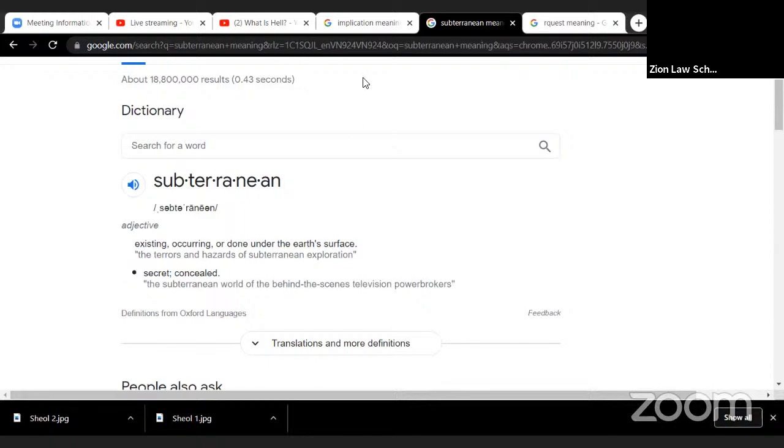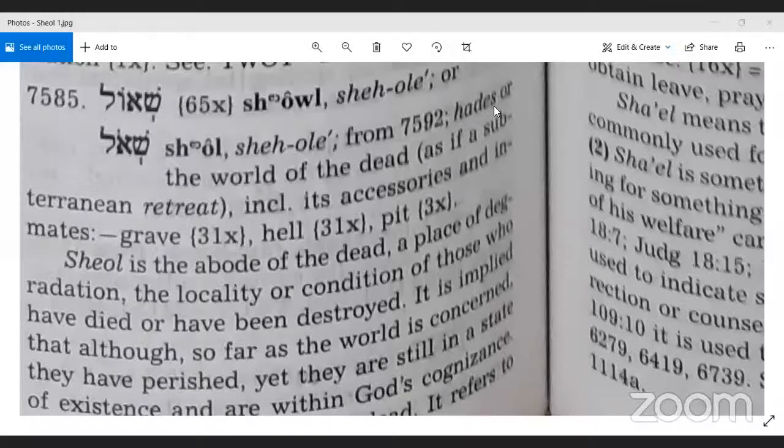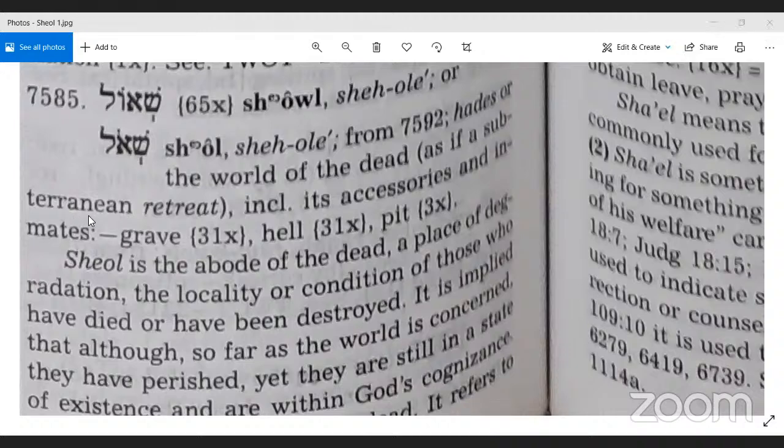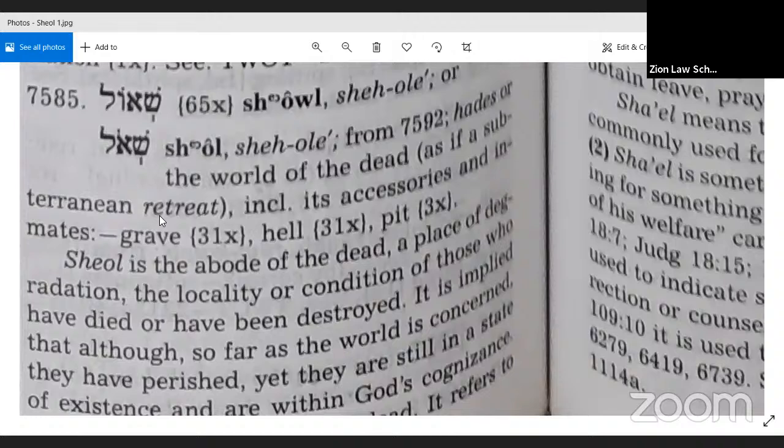So let's go back to that. This is interesting. Okay, so it says Hades, or the world of the dead, as if a subterranean retreat. Subterranean is an adjective to retreat, right?